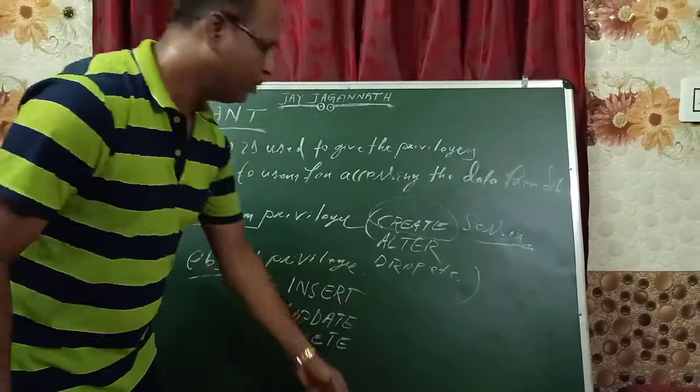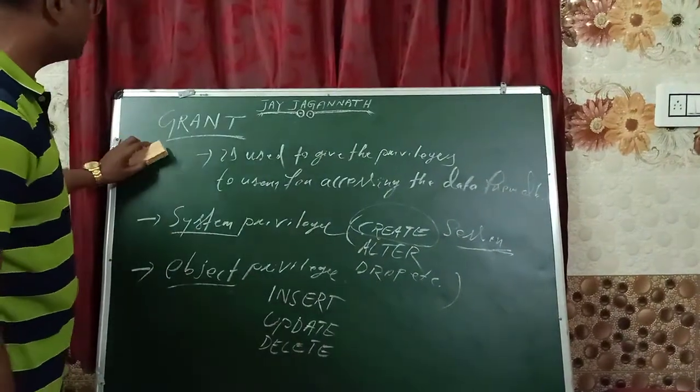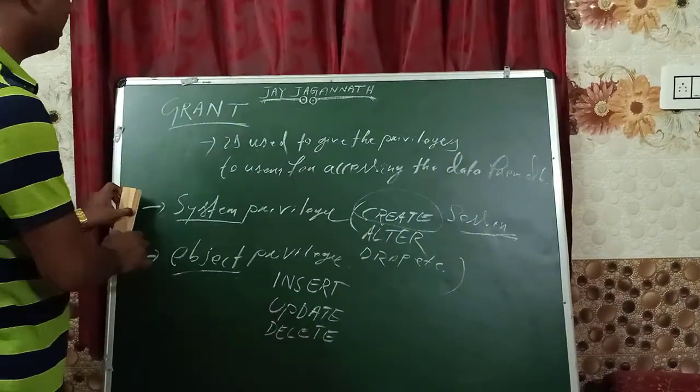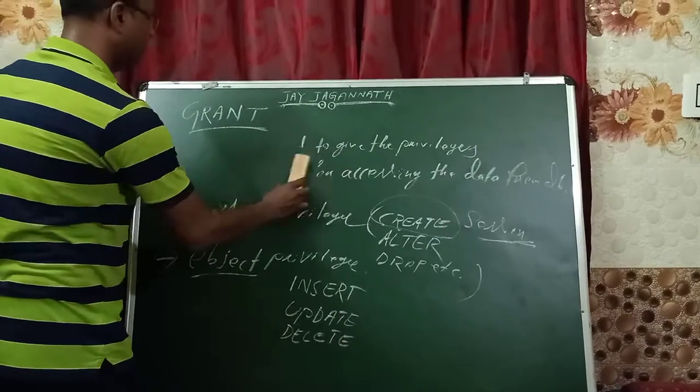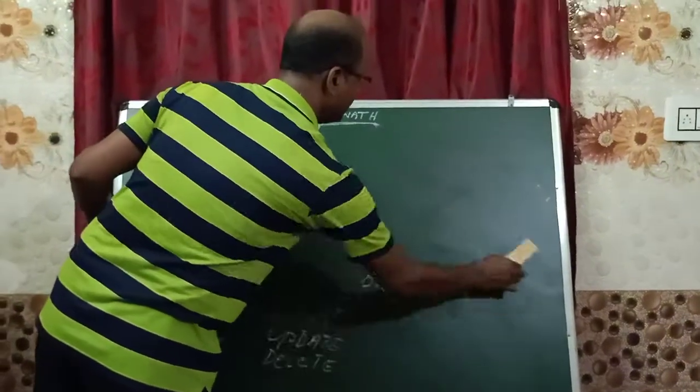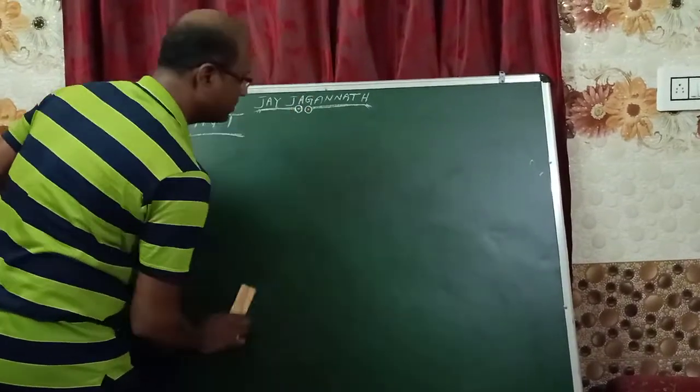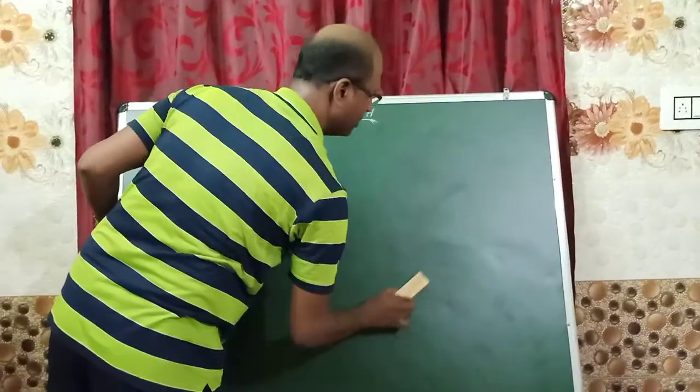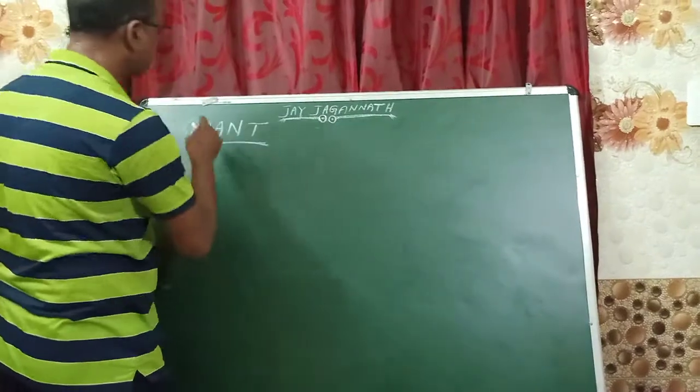So how can you provide such type of privilege? There is a syntax we have to use. The DBA can use the syntax to provide the privilege to the user, and that is the syntax of the grant command.